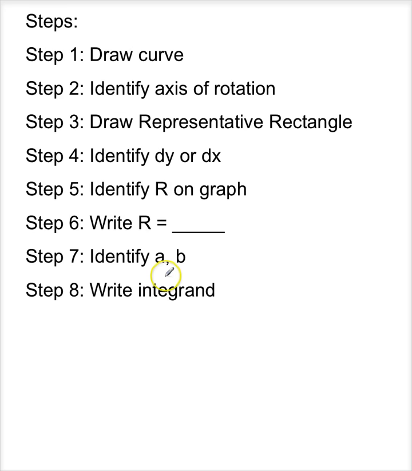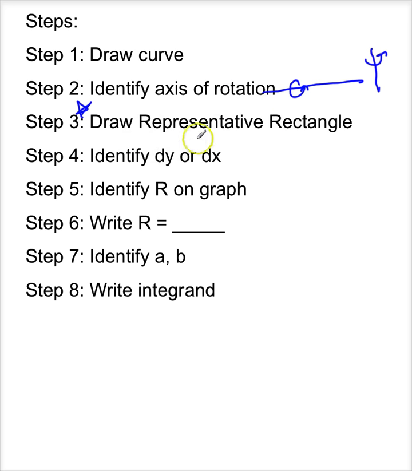Now here are steps that I would like for you to follow. Draw a curve, identify the axis of rotation, and to identify the axis of rotation, I want you to put a little arrow like this. So if I'm rotating about this line right here, this is how I want you to show me that you're rotating about the x-axis or about the y-axis. Draw a representative rectangle. This is very important.